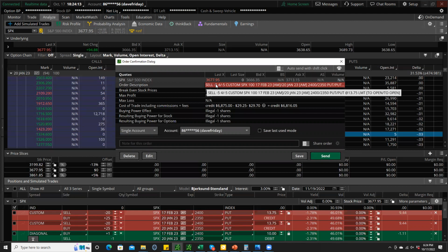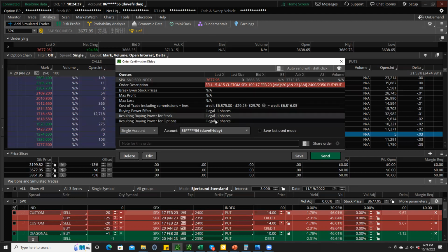So we're getting 5 of these and 5 of these, right? So that would make 20 and 25. So it's actually 5, and it has a minus sign in front of it because we're selling it or getting a credit. So we're selling 5 of the 4x5 combos.